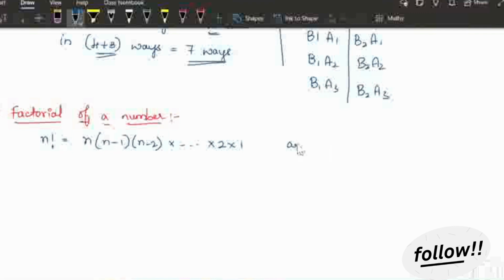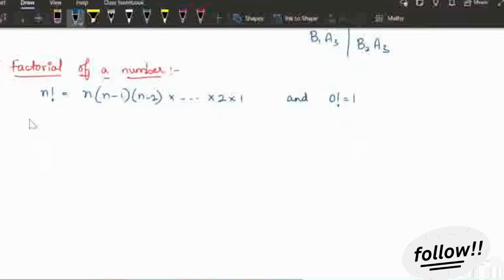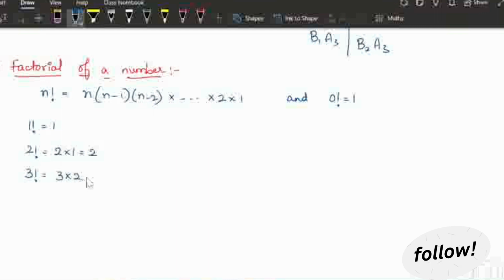And by definition, 0 factorial is equal to 1. Now, when I write factorial of a number, so 0 factorial is taken as 1, 1 factorial is 1, 2 factorial is 2 into 1, which is 2, and 3 factorial is 3 into 2 into 1, which is 6.